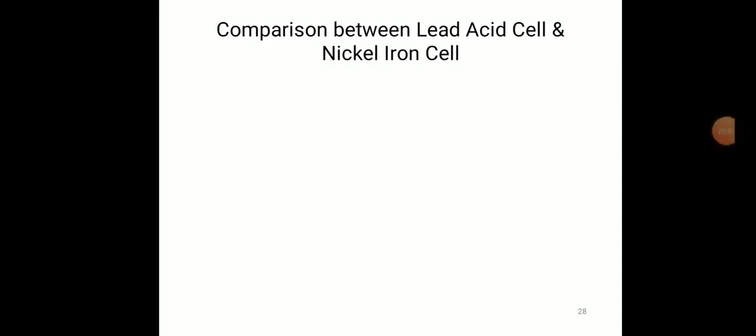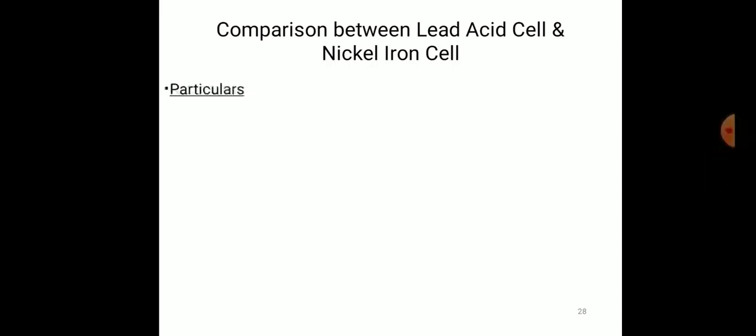So now we are going to discuss the comparison between the lead acid cells and the nickel iron cells. The meaning is we try to compare the basic parameters of the lead acid cell and the nickel iron cell.